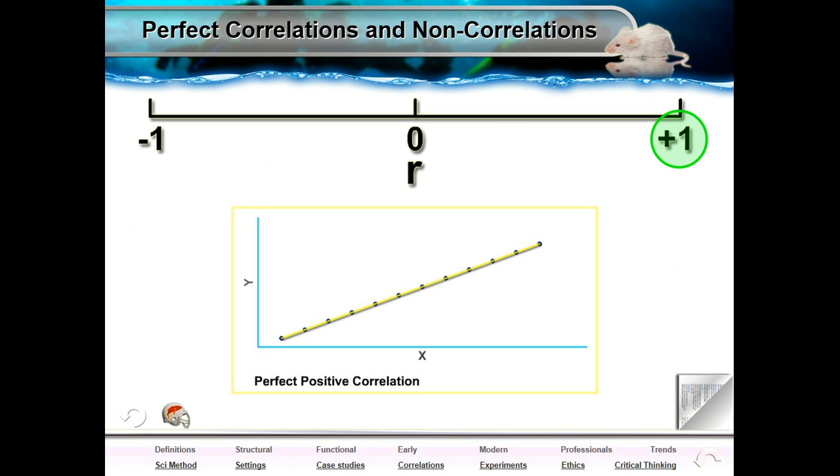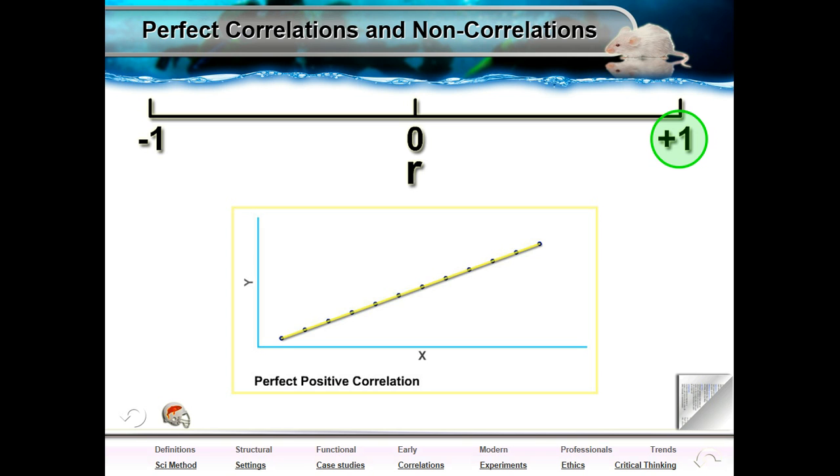Here's an example of a positive correlation if it's graphed. Notice the x and y axes. What this would mean is that if we took everyone in our class's height and everyone in the class's weight, let's say height was x and weight was y, and we put down the points there, we would come across a perfect line that would indicate a 1.0 correlation.